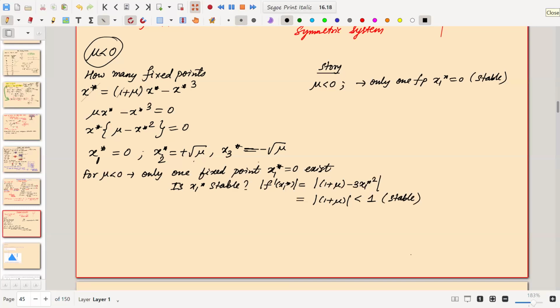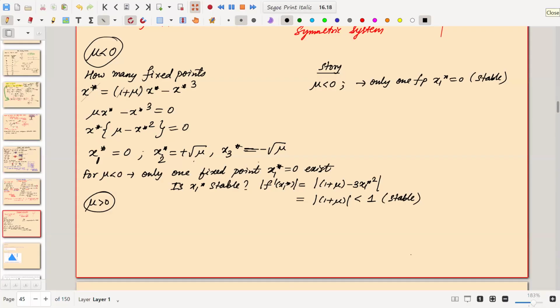Now what happens for mu greater than 0? For mu greater than 0, how many fixed points are there? 3 fixed points. Yes, you should be confident. What are the 3 fixed points? x1 star, x2 star, x3 star.